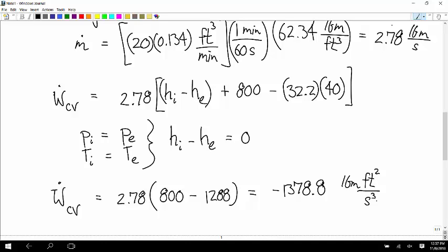If you have to convert from that to BTU or something, you could do it. I don't work in English units really ever. If I was doing a problem like this, I would convert everything to SI units, because that's what I'm used to doing.